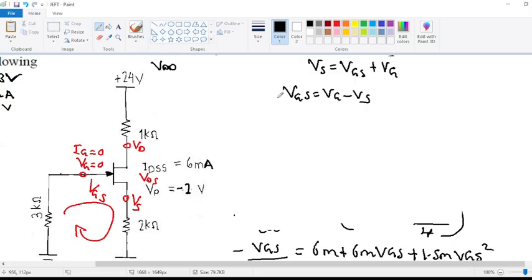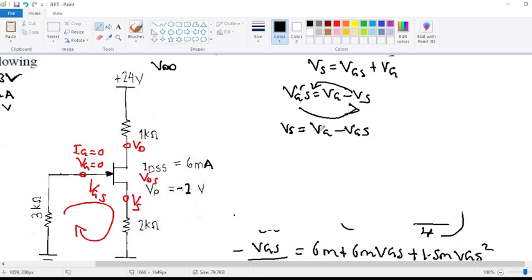It goes to the other side. We make this one go the other side, then this one comes here. Okay, so meaning we're going to have our VS equal to VG minus VGS. Okay, so this is our formula.